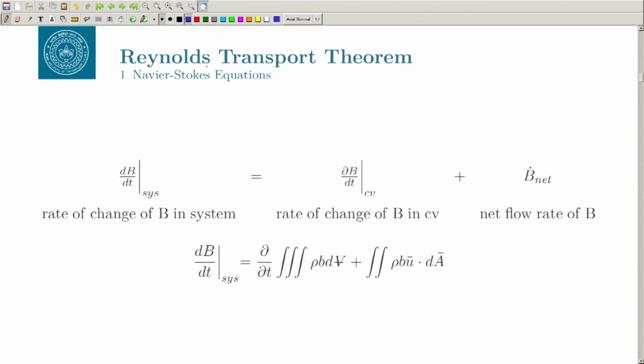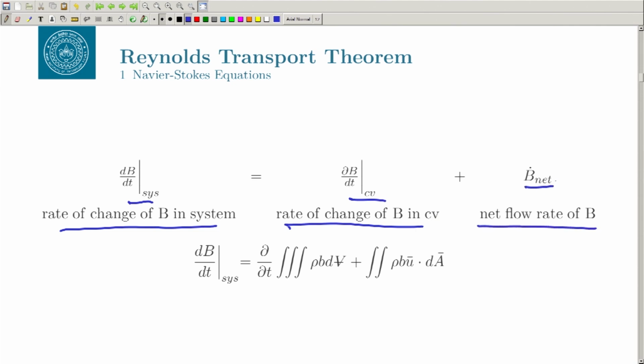You can see that your d by dt of the system, which is the rate of change of B in the system, is equal to the rate of change of B in the control volume plus the net flux or net flow rate of B, which is B dot net.